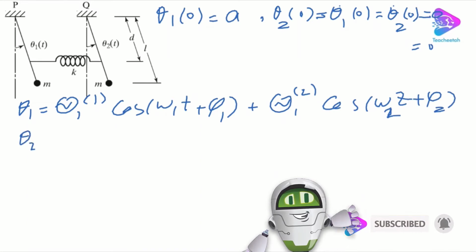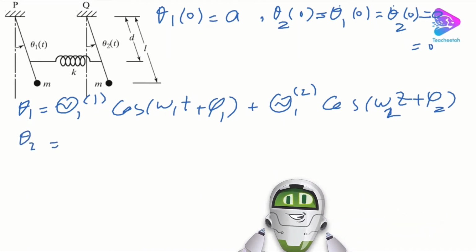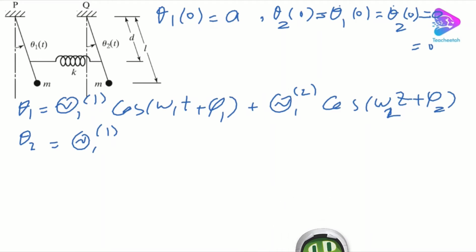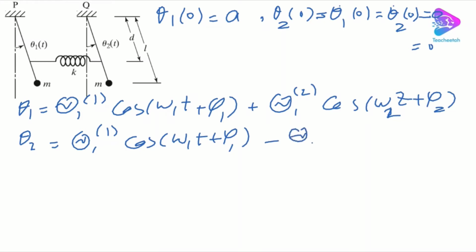So theta 2, r1 is 1, so we get theta 1 1 cos omega 1 t plus phi 1 minus theta 1 2 cos omega 2 t plus phi 2. Why minus? Because r2 is minus 1.